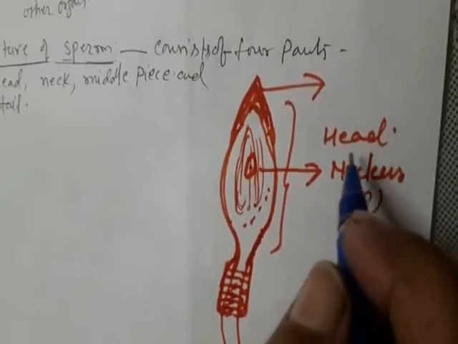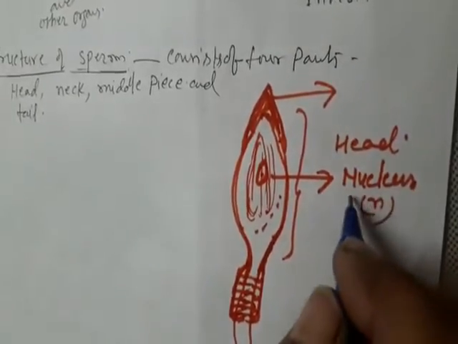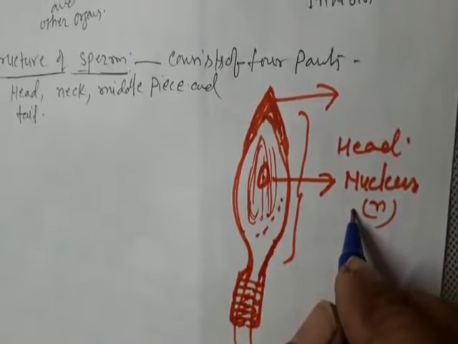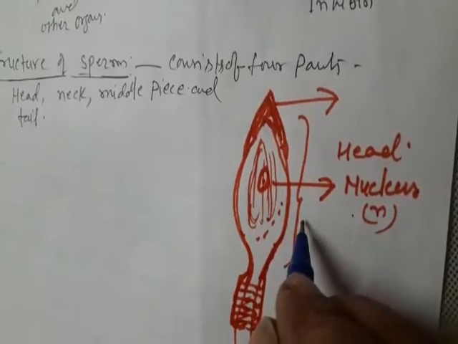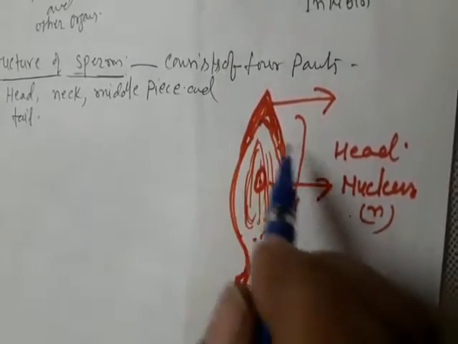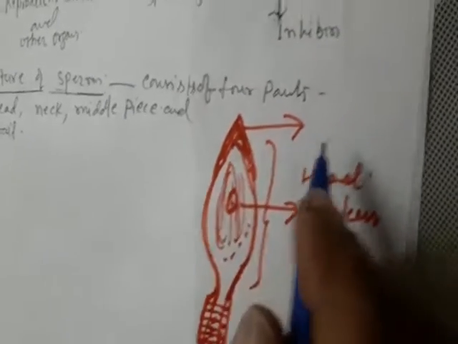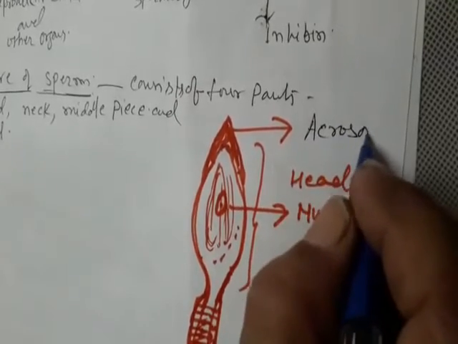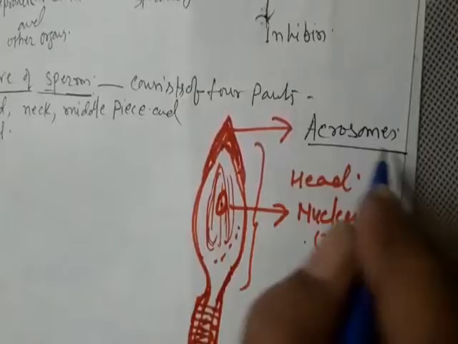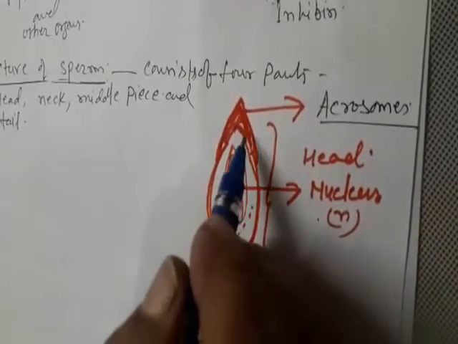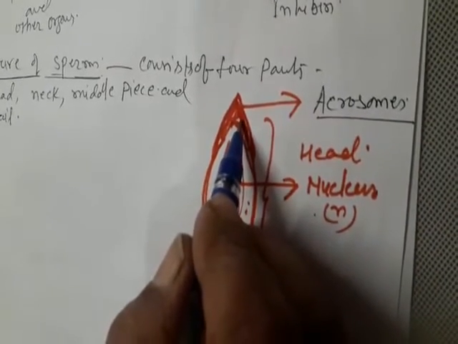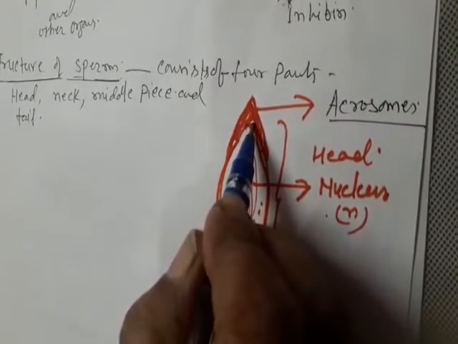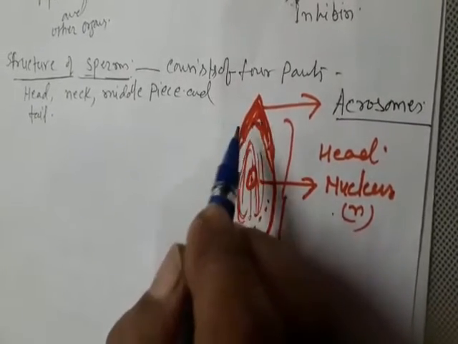The head contains the nucleus. The nucleus is haploid with condensed chromosomes. On the tip of the head, the acrosome is present, which helps during the fertilization process to penetrate the wall of the ovum.